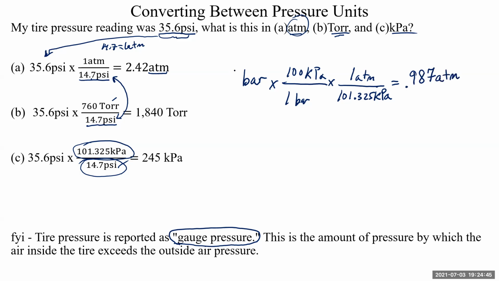In fact, just so there's no debate about the sig figs here, let's just make it 3 sig figs. So 1.00 bar is equal to 0.987 atmospheres. If we wanted to convert bar to psi, we could say, okay, well, we have 1 bar. We know 1 bar is 0.987 atmospheres.